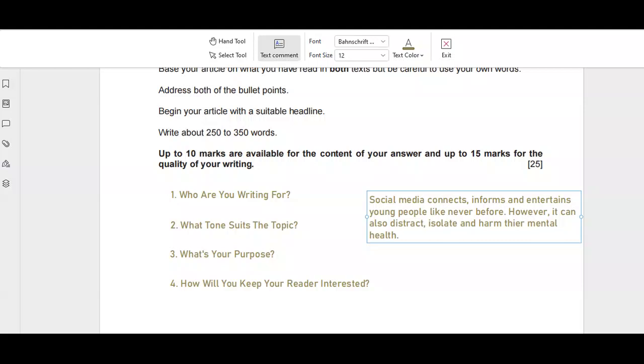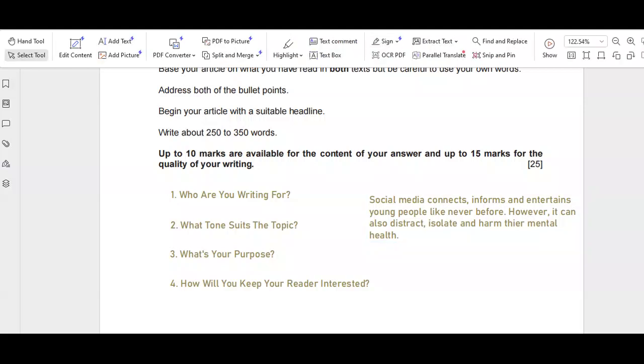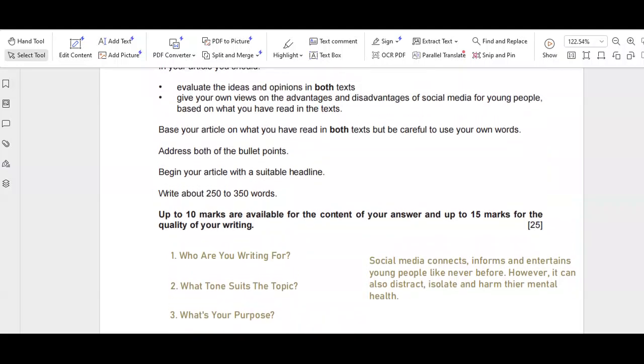Now, talking about the structure of the article, what exactly is the structure we are supposed to follow? One thing has been clearly specified in the question: base your article on what you have read in both of the texts, but be careful with your own words. Begin your article with a suitable headline.